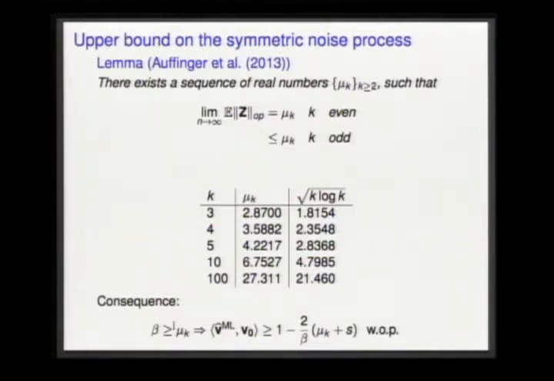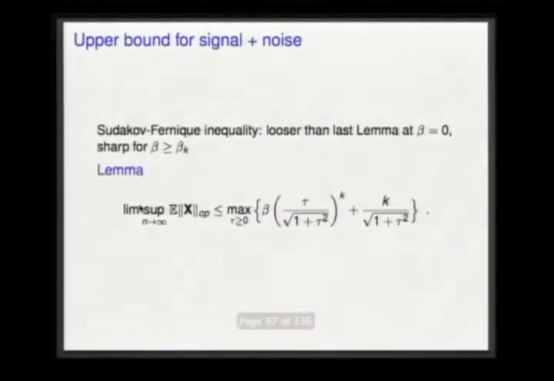One direct consequence of this is that as soon as the value of beta is larger than mu k, the maximum likelihood estimator is going to give us a good solution. So as soon as beta is larger than mu k, we get a non-zero inner product with the truth with high probability. And this is also due to the fact that we took a Gaussian noise which concentrates well around the expectation.